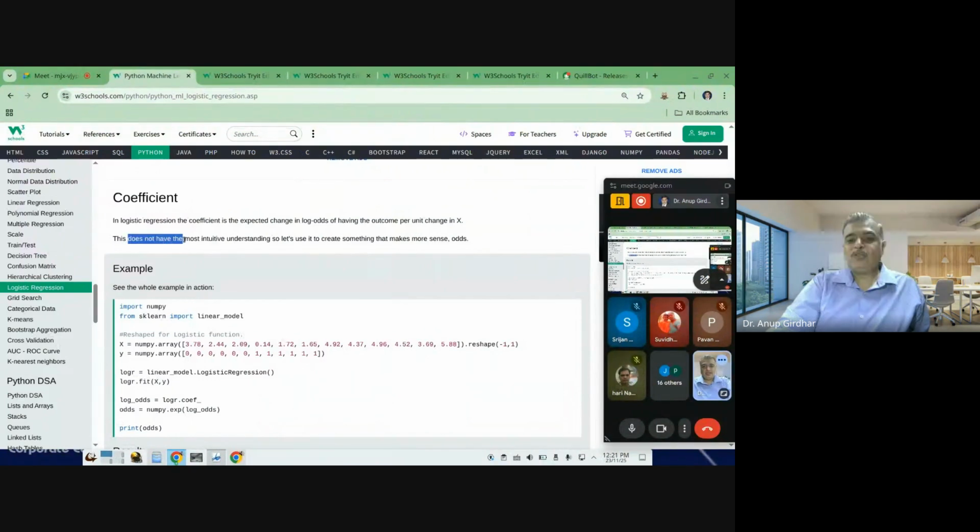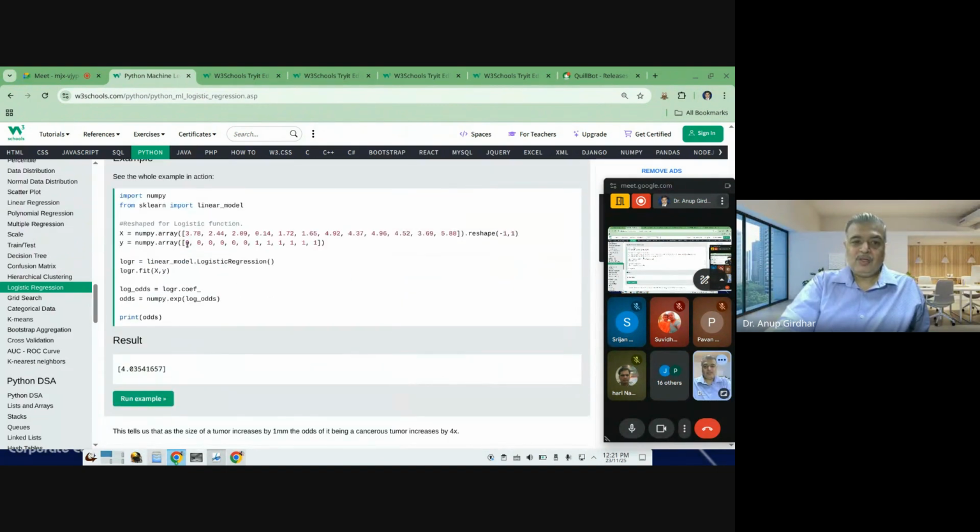This does not have the most intuitive understanding, so let's use it to create something that makes more sense, the odds. Again, using the same model, passing some values for the logistic part with tumorous or not, create a model and fit your data set into that model.